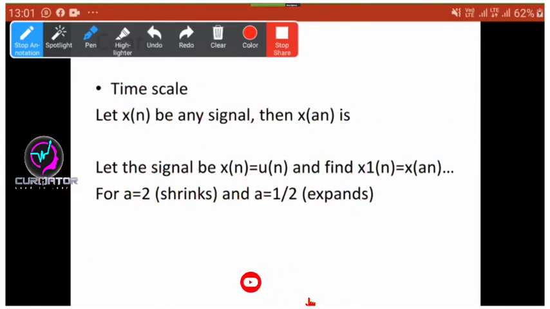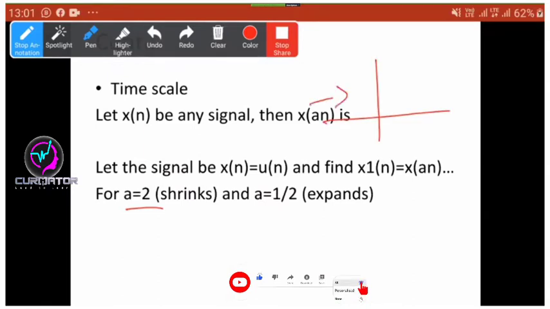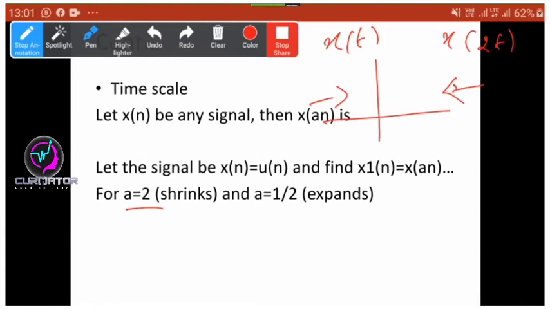I will tell with this graph statement again. If we choose a value greater than 1 for a, then that signal will be shrunk. If that is x of t, if I take x of 2t, then x of 2t will look like we shrunk the x of t.